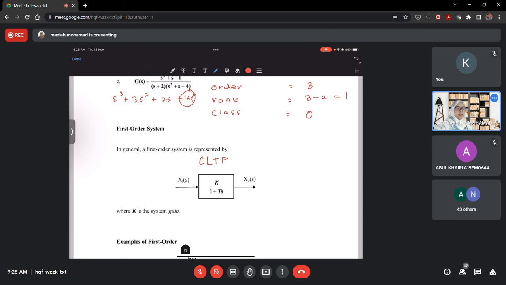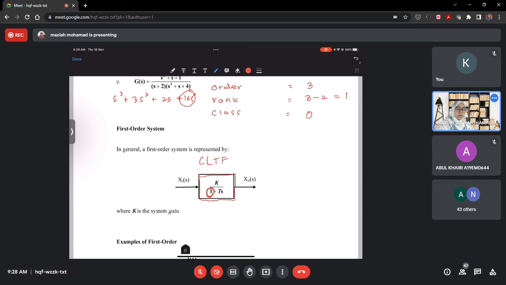If I say general transfer function, you have to make sure that you are comparing to the same form of K over 1 plus Ts. The term is 1 here. Okay, meaning 1 must always be there.